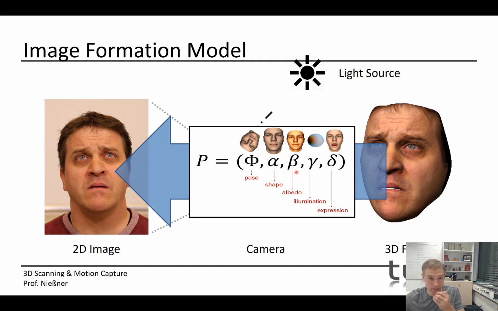And we can use those in order to skin and produce a mesh out of our basis. We can then use our pose in order to transform it accordingly. And then we can also apply the illumination in order to light it accordingly. So then we have a mesh, we have lighting, we have albedo, and so on. And we can feed this into a rendering pipeline, and we're going to get an image out of it, right?